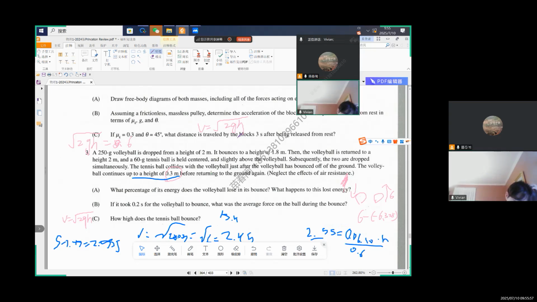So let me do that. 2.55 divided by 0.6, h equals 4.25 meters.